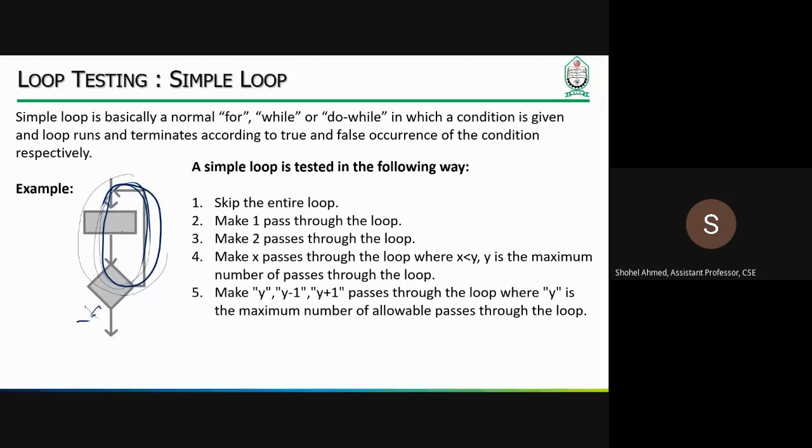We will write test cases that execute this loop 50 or 60 times, and we will check the result of that iteration, whether it is producing the right result or not. Also we need to make some test cases for the maximum iteration, maximum minus 1 and maximum plus 1.